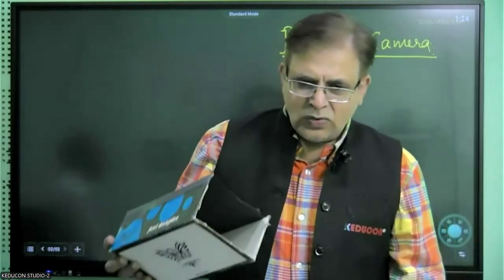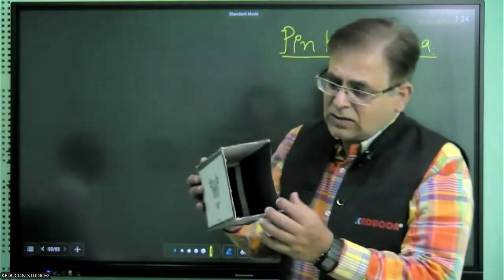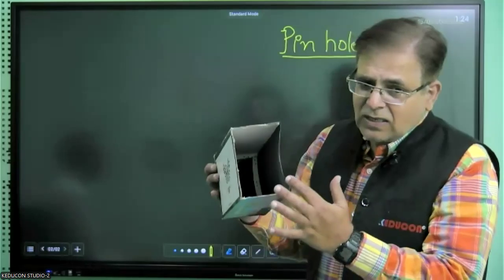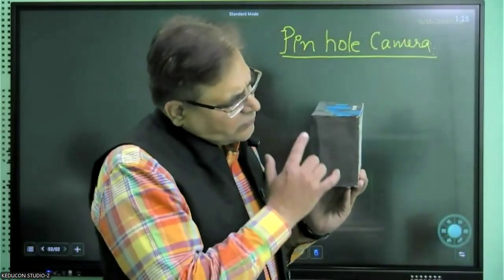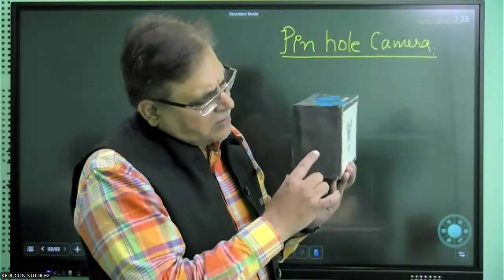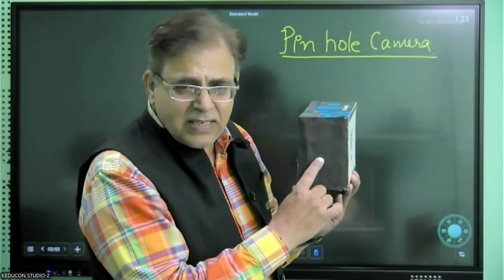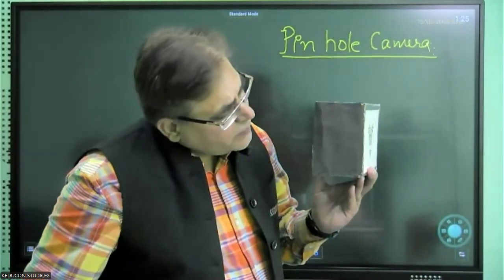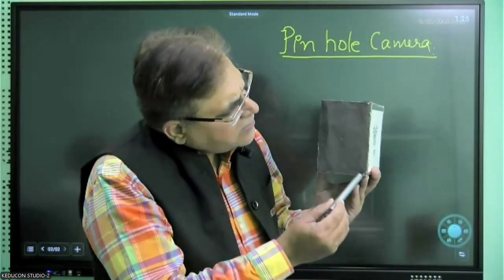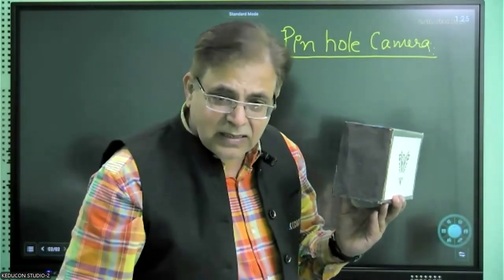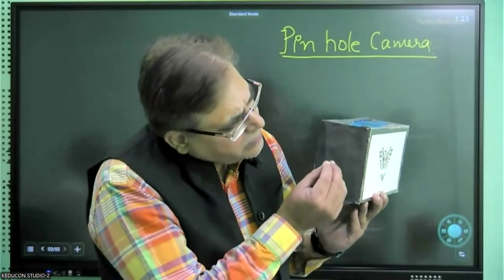Okay, so what you have to do with the other box? Just cut this face, and on the exactly opposite face there is a miniature hole. I have made a miniature hole. Make the diagonals here. Where the diagonals intersect, you have to put the miniature hole.